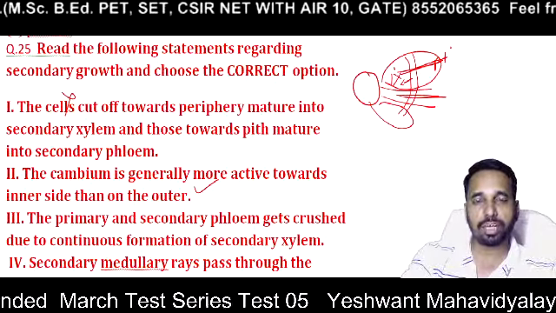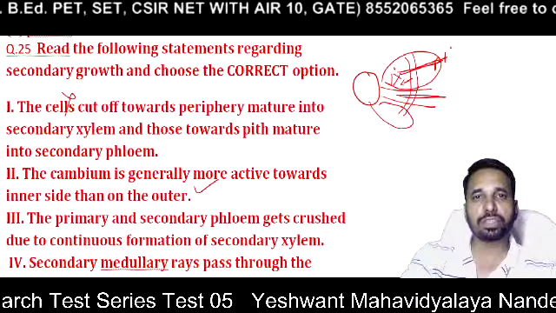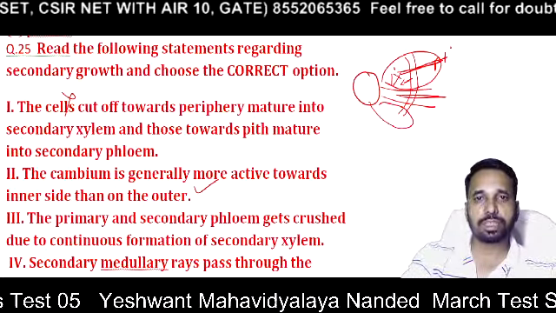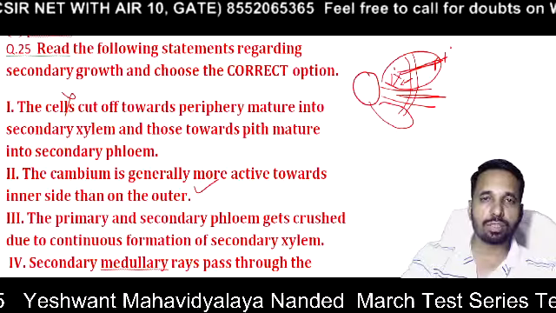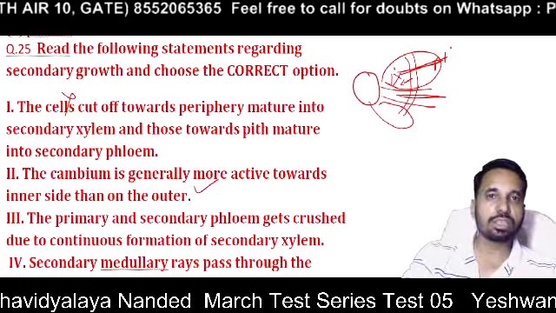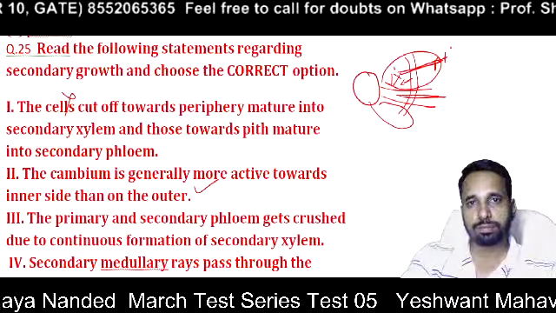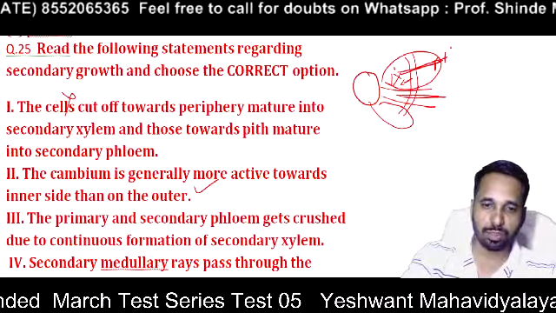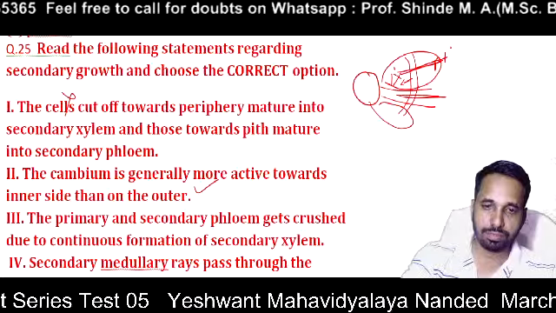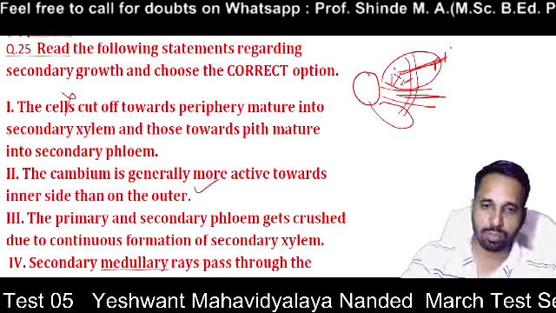So those cells which are added toward the pith, obviously they will differentiate into a type of xylem and not phloem, isn't it? So that must be the secondary xylem. And on the outer side of that vascular cambium, there are phloem. So whatever new cells added, they also become phloem. Okay, so the first statement is wrong one.